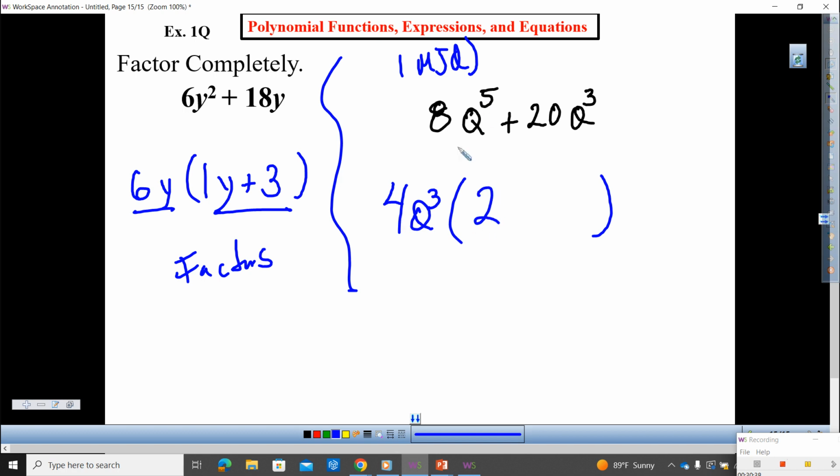We took 3 of these q's out, so we're left with q to the second. Plus, what is 20 divided by 4? 5, and q to the third, we already took it out, and we are done. These are my factors. How many factors? 2 of them, that one and that one. From 1 to 5, how comfortable are you with that so far? Okay. I think we got this, yeah?